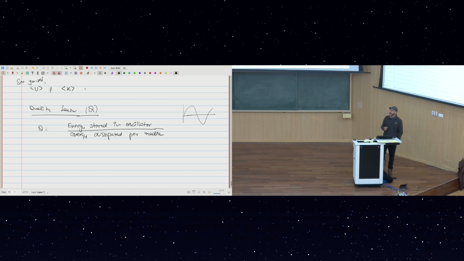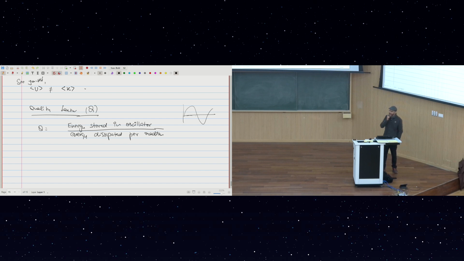So per second does not work when comparing two systems that have different frequencies, but when you do per radian, then you can compare, because one full cycle will be 2 pi radians. So in half a cycle, that will be pi radians for both cases. So we talk about energy dissipated per radian in this case.